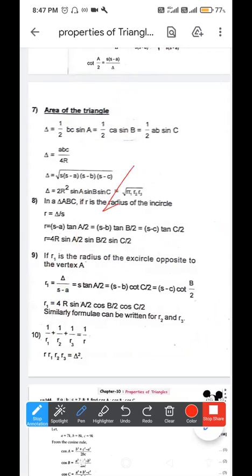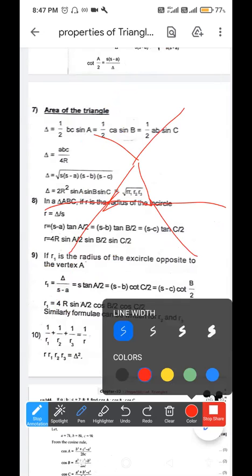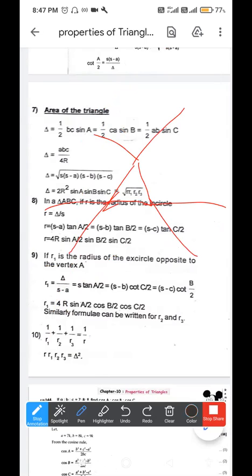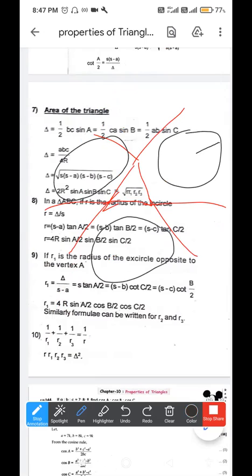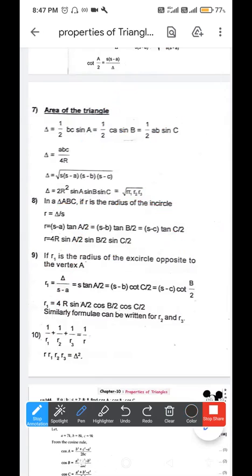In a triangle, if I extend the sides, I will get a circle over here, a circle over here, and a circle over here. These are your excircles. So the radius of the excircles will be nothing but R1, R2 and R3.